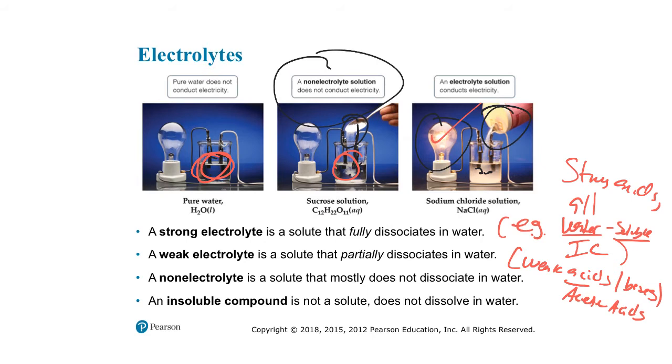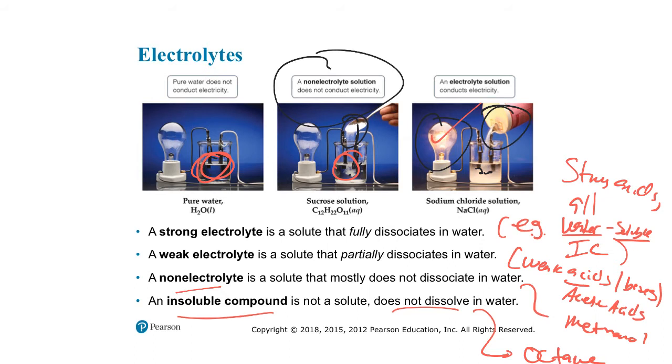Now most other compounds are either insoluble, in that they just don't dissolve at all in water, or they're non-electrolytes, in that they do dissolve in water, they do mix with water, but they simply don't ionize in the process. Methanol is a compound that will mix with water but doesn't ionize. An insoluble compound in water might be something like octane, a big hydrocarbon that doesn't mix very well with water and doesn't ionize, of course, either.